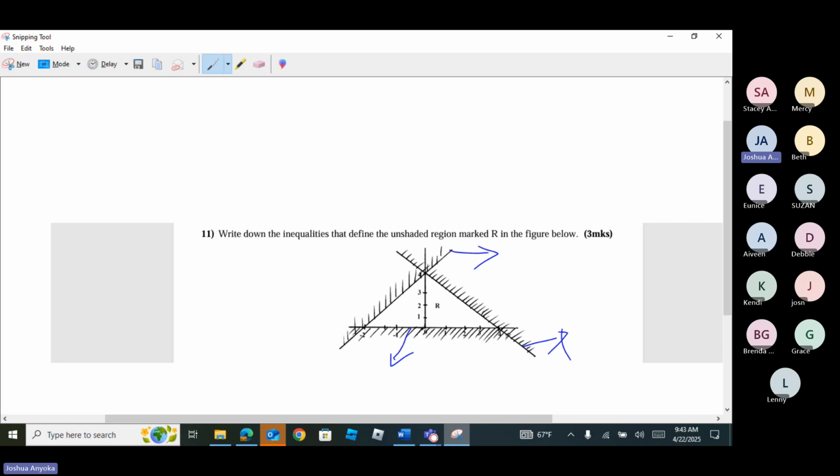Let me call this one in your equation 1. Wherever you have written equation 2, inequality 3. So inequality 1, somebody to give us the working.